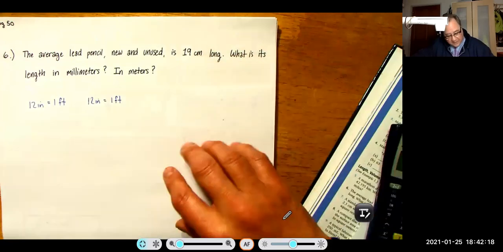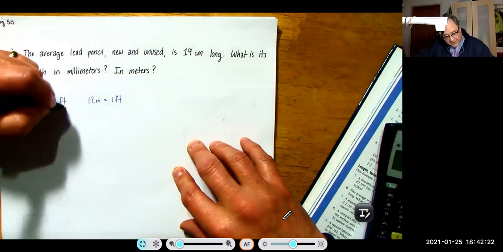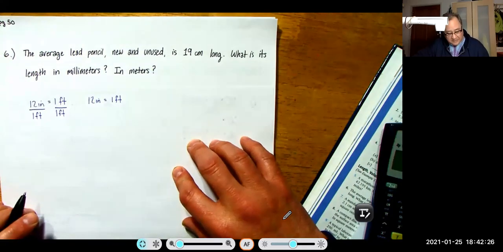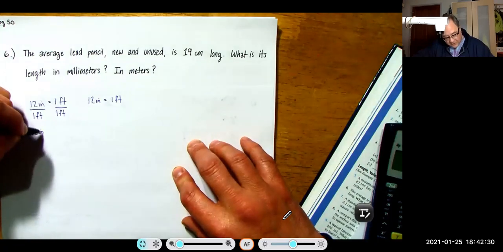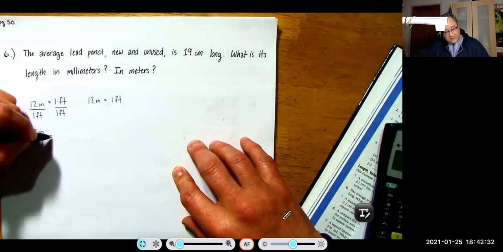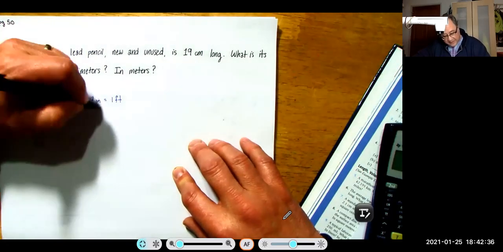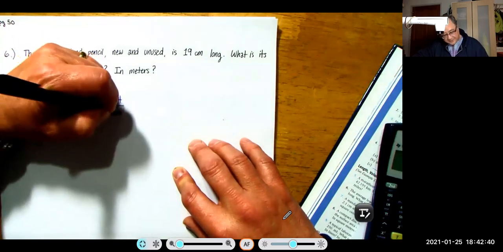Okay, I'm going to divide this side by 1 foot. And the golden rule in algebra is if you do that to one side, you have to do it to the other side. And it keeps it equal. So this becomes 12 inches over 1 foot is equal to 1. And I'm going to take this and divide by 12 inches. So I'm going to divide this side also by 12 inches.